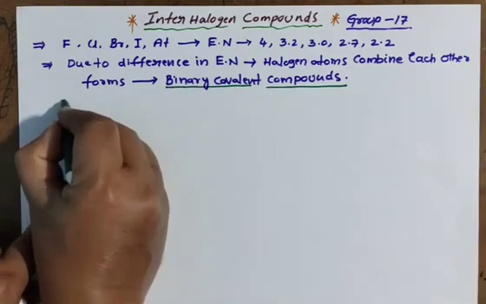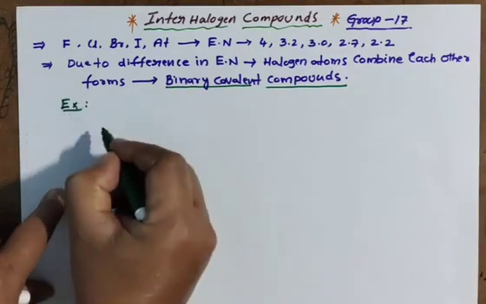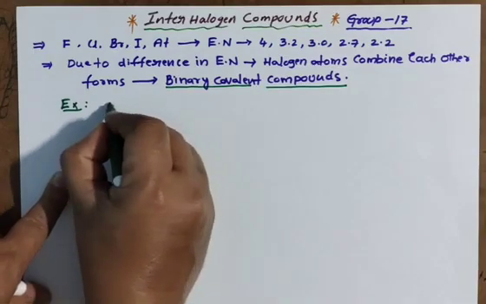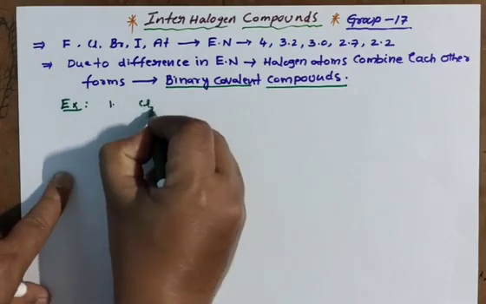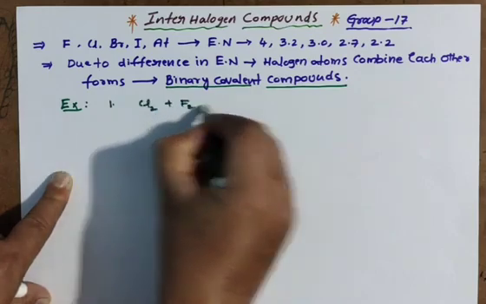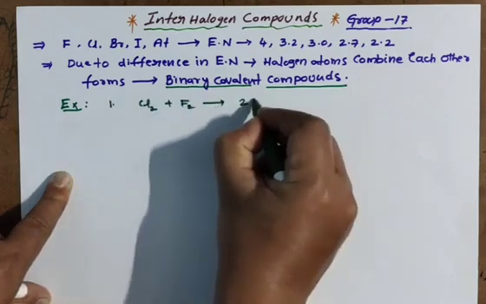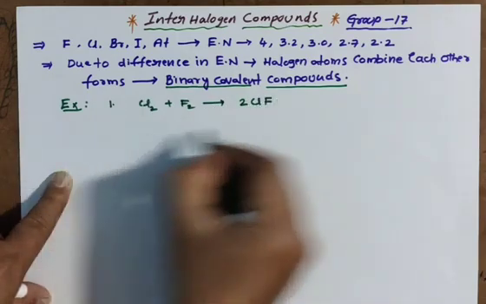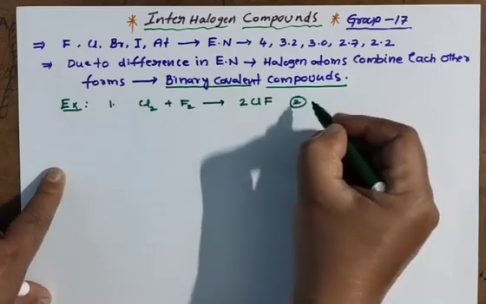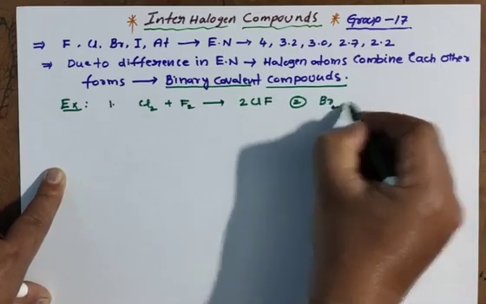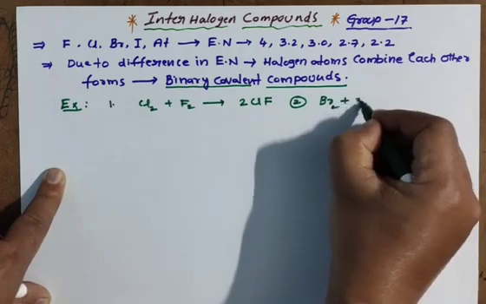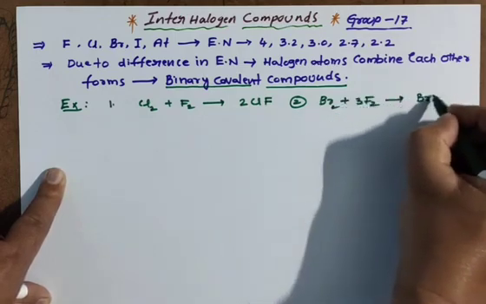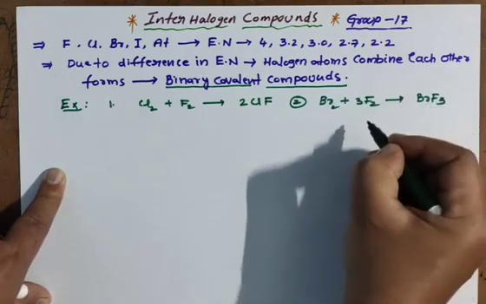For example, preparation I am taking here. Chlorine reacts with fluorine, giving rise to 2ClF. Similarly, bromine reacts with fluorine, giving rise to BrF3.